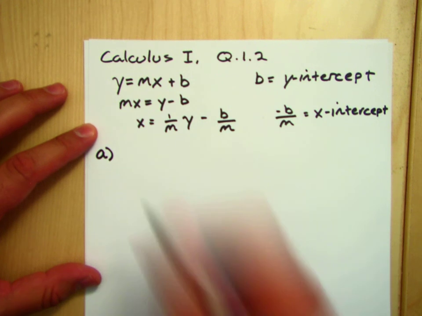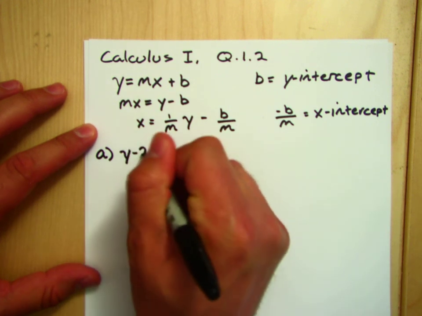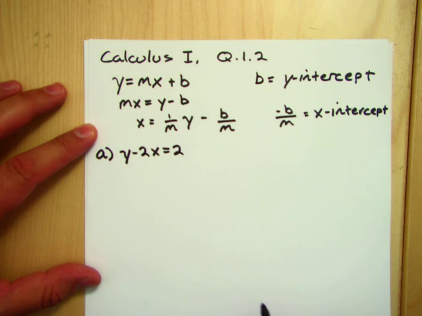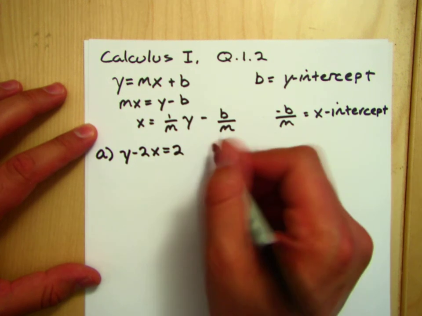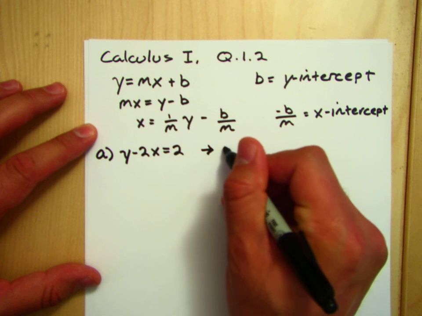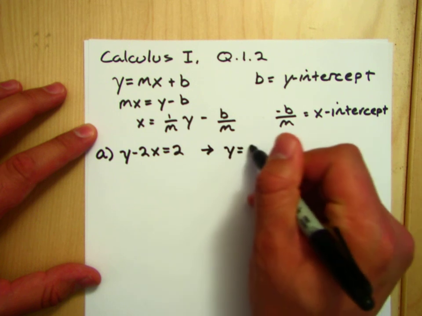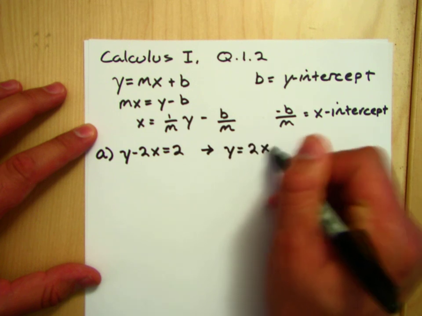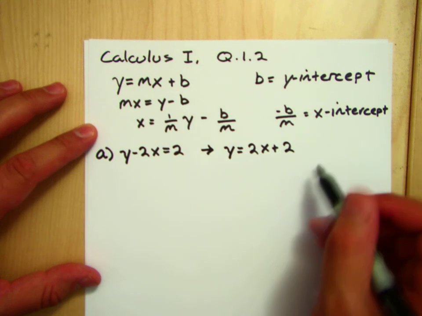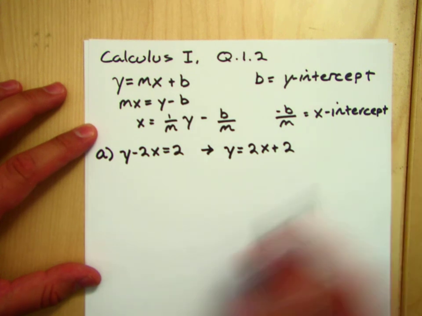y minus 2x equals 2. So if we solve for y, let's just add 2x to both sides. So this becomes y is equal to 2x plus 2. So the y-intercept is just 2.